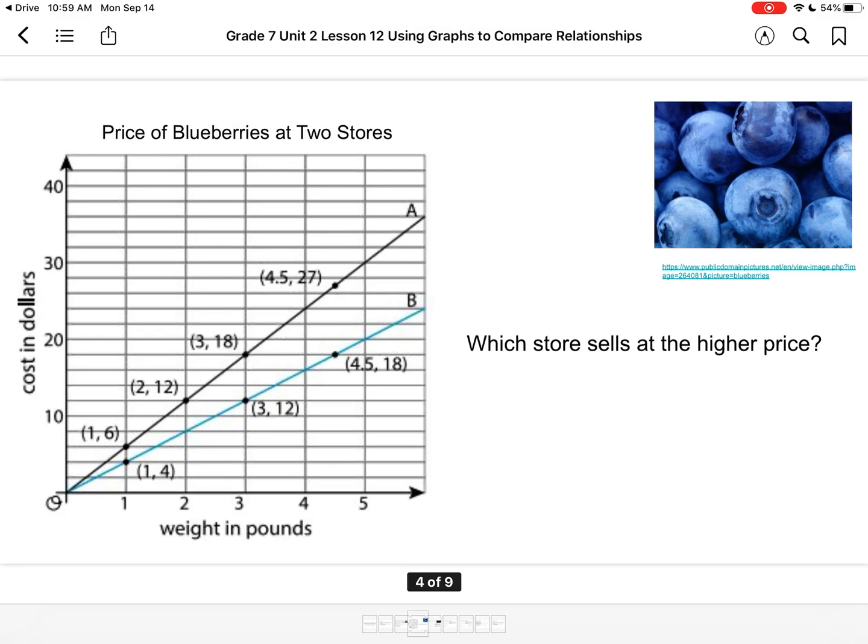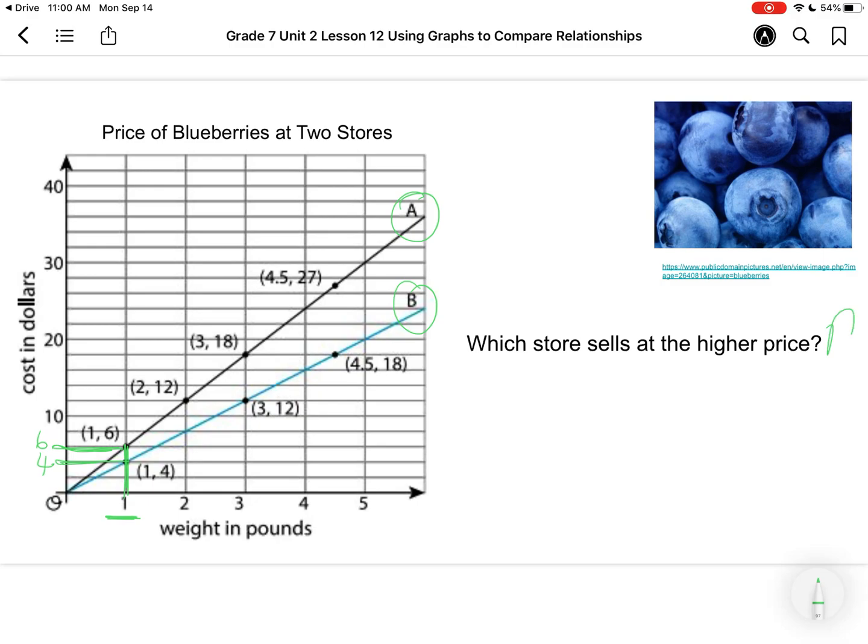So let's look at the price of blueberries in two stores and which store sells at the higher price. So let's look at 1 pound weight at two stores, store A and store B. So 1 pound, and let's look at their prices. So store A sells for $6 per pound, I can see from the graph, and store B sells for $4 per pound.